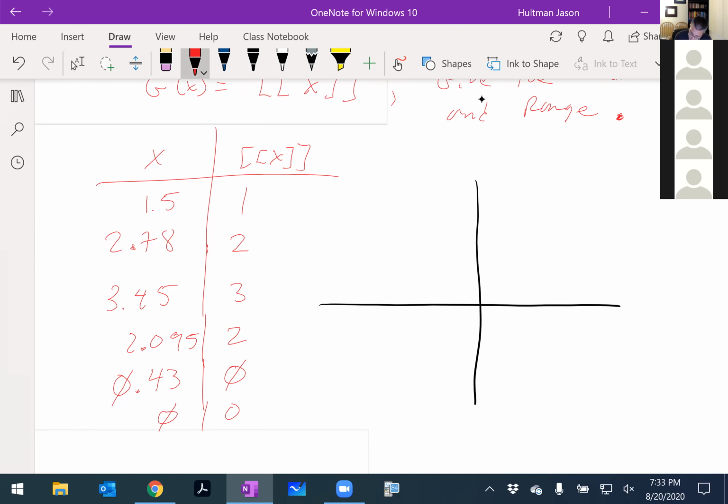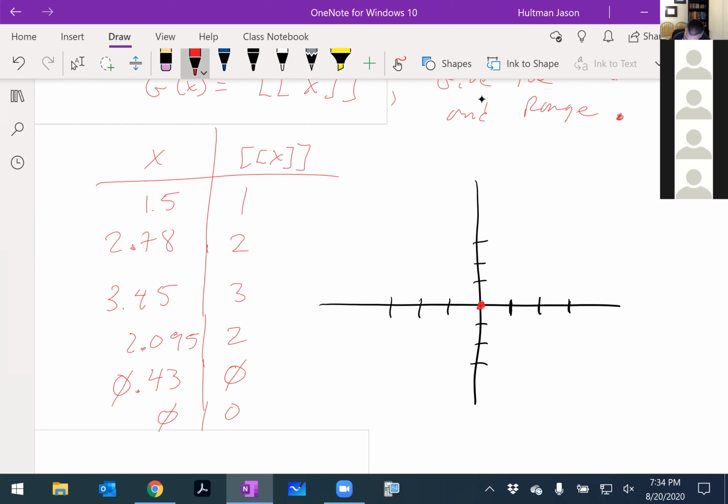So I'm going to put a dot at 0, 0. And then at 0.43, let's do 1, 2, 3 here, and then we're going to do the negatives. 1, 2, 3. The negatives are a little spicier.